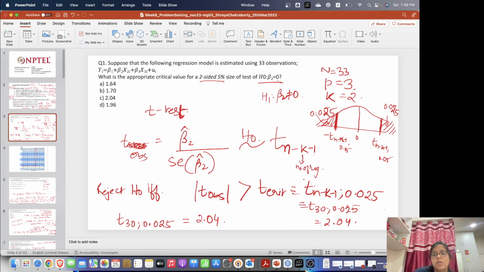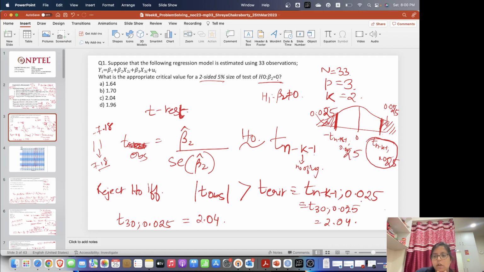So the rejection rule is whatever t observed value we get, we take the modulus of that, so if we get minus 7.18, the modulus will give us 7.18. That figure should be greater than the upper 0.025 point. So this is my critical point, t n minus k minus 1, 0.025.